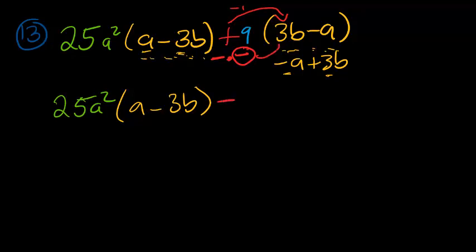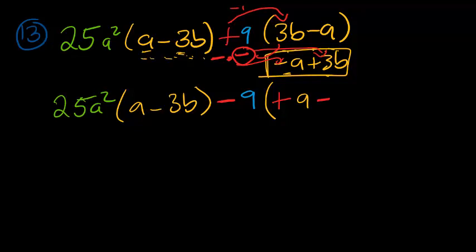So a minus stays on the outside. This plus 9 becomes minus 9. And what happens inside my bracket, now I'm going to use the second one because it's already in the order that I want. So minus a becomes positive a, that becomes a plus a, and then plus 3b becomes minus 3b.